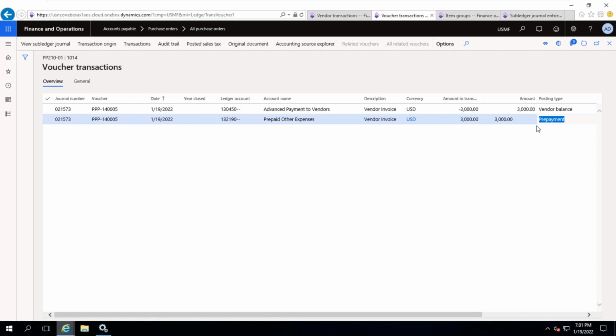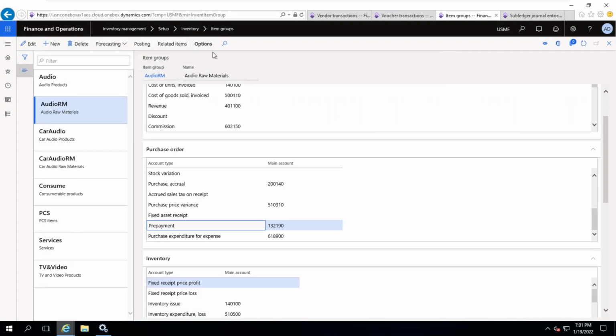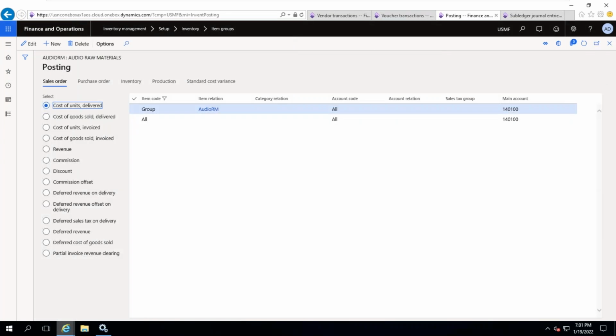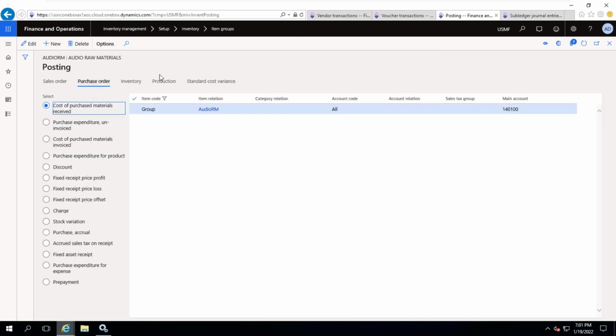This is extra, because at the time of the prepayment invoice it should be posted. Now you can see the same thing from posting also. If you go to posting, it will show you in a different manner. The way of representation is different. That's it. So if you go to purchase order and then go here to prepayment, you will find prepayment.